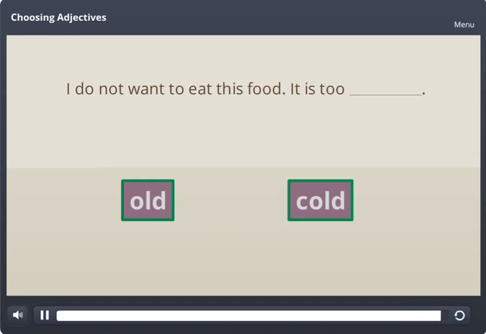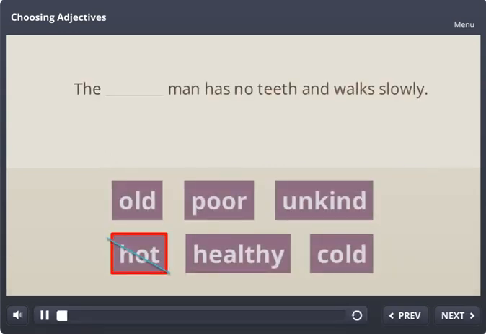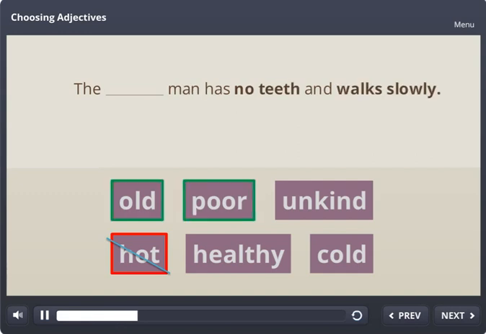Now let's look at our last sentence. The dash man has no teeth. Man is our noun. Now let's see the clues. He does not have teeth and walks slowly. Can a man be cold, poor, unkind or healthy?